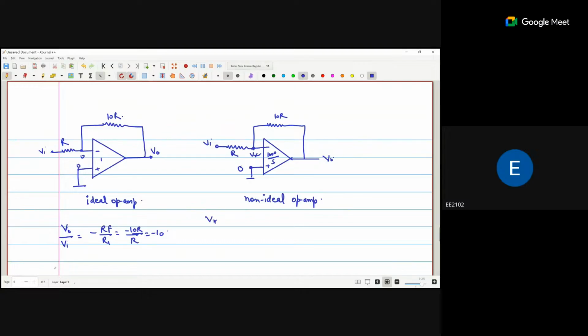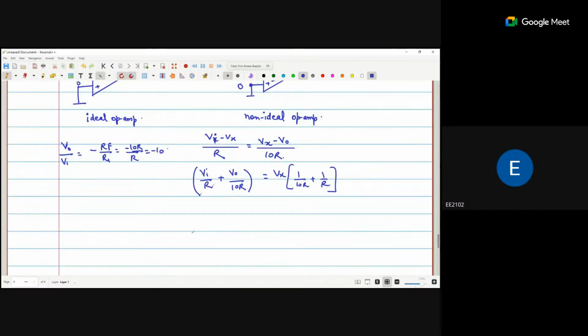So (Vi minus Vx) by R is equal to (Vx minus V naught) by 10R. So if I calculate, Vi by R plus V naught by 10R is equal to Vx times (1 by 10R plus 1 by R). Okay, so take the LCM 10R.